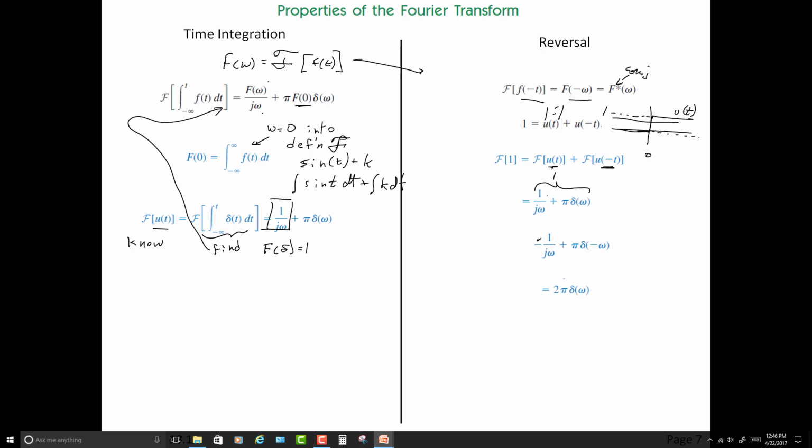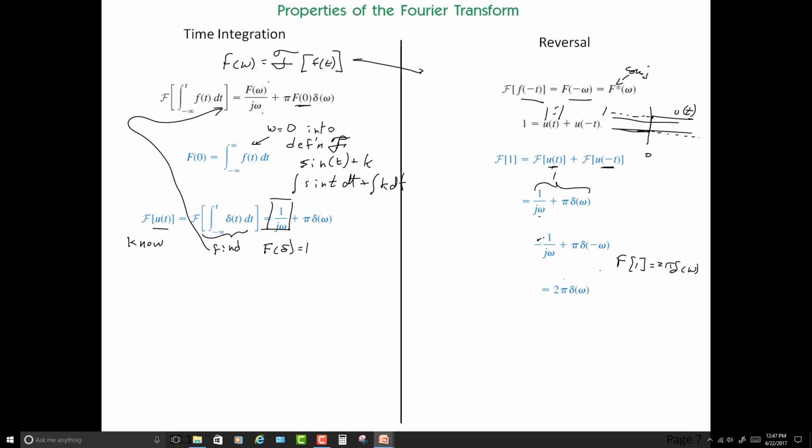And if we go through all the math, this part cancels this part, and we end up with twice pi times the impulse function. So believe it or not, and it is kind of amazing, the Fourier transform of 1 is related to the impulse function, 2 pi. I'm just restating it, but it's kind of amazing.